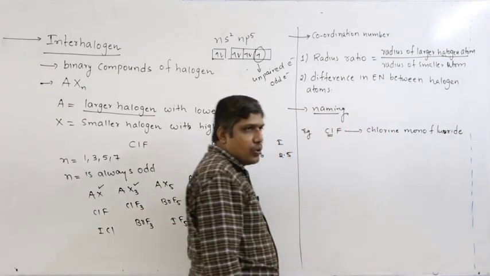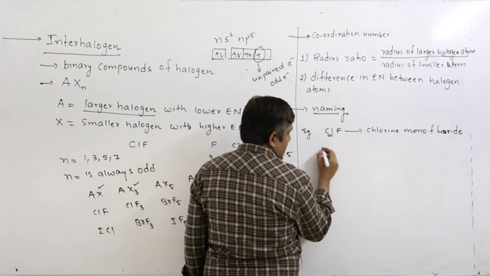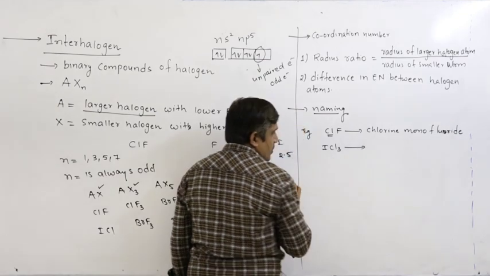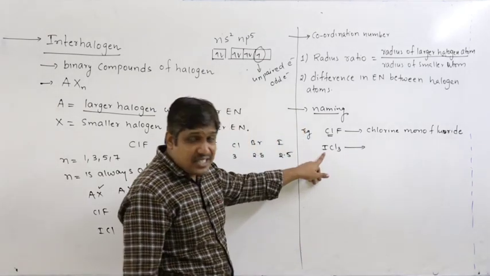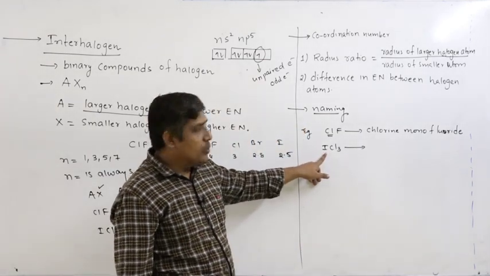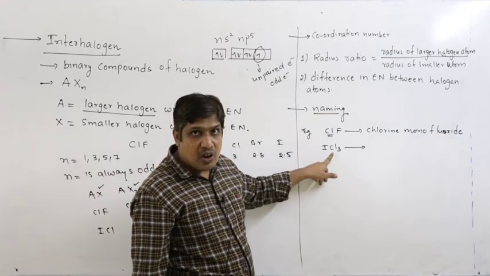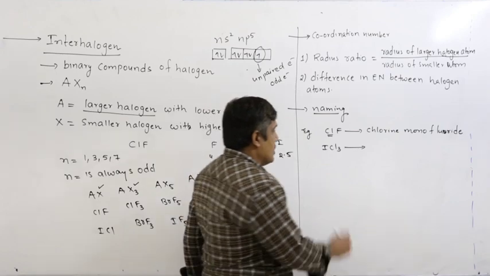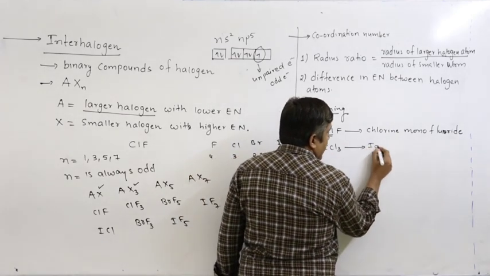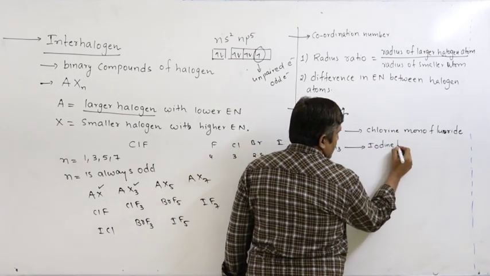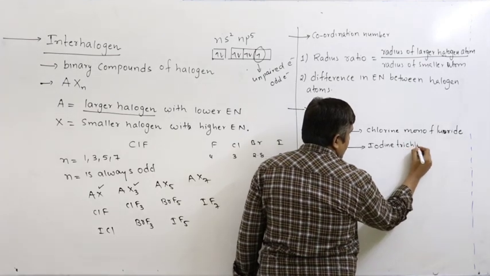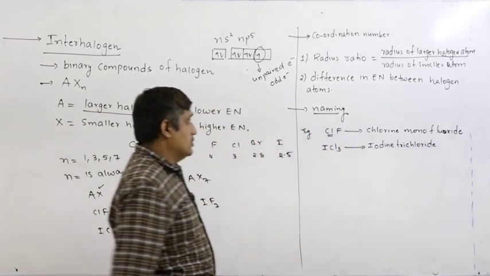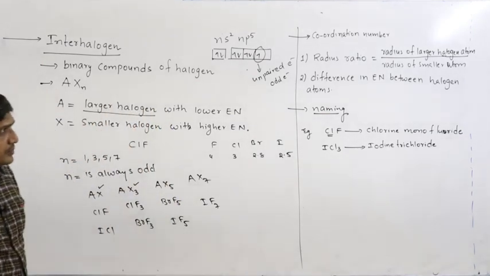Suppose I write ICl3, here the larger halogen atom, the central atom, is iodine, and the three smaller atoms are chlorine, right? So it becomes iodine trichloride. So this is how you have to name it.